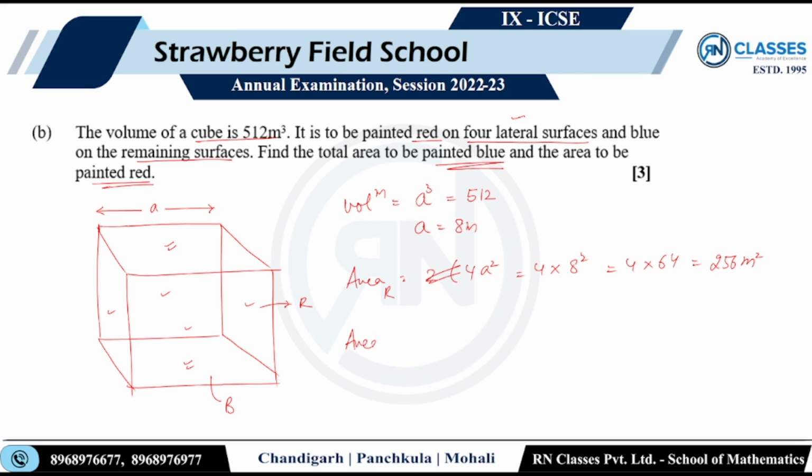Area to be painted blue: top face and bottom face, that is 2a square, so 2 into 8 square, that is 2 into 64, that is 128 meter square. That's done.